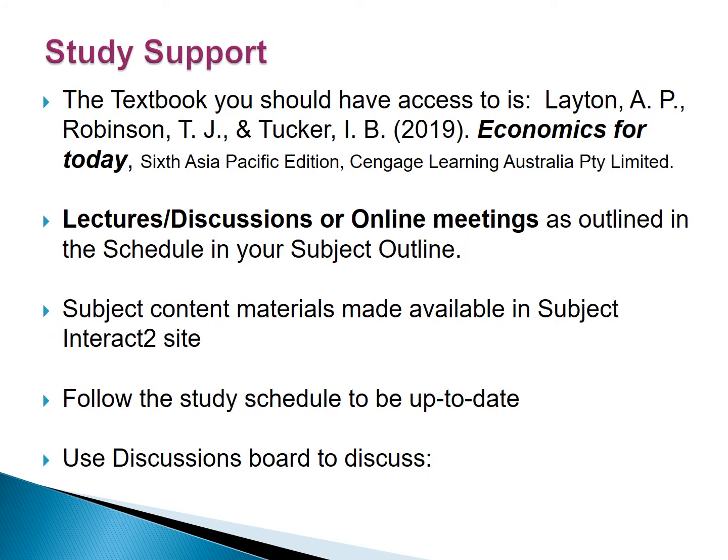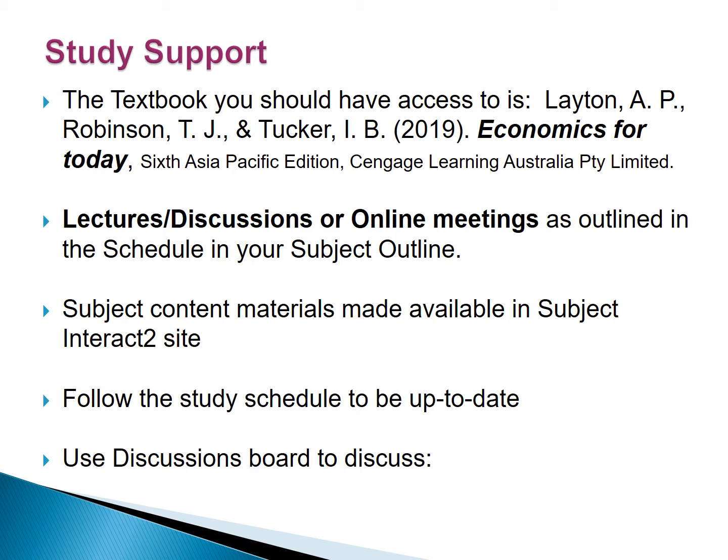There are three main study support options for this subject. The first is the textbook, which is Economics for Today by Layton, Robinson and Tucker, 6th Asia Pacific edition, published in 2019.